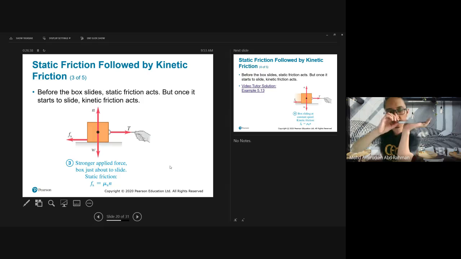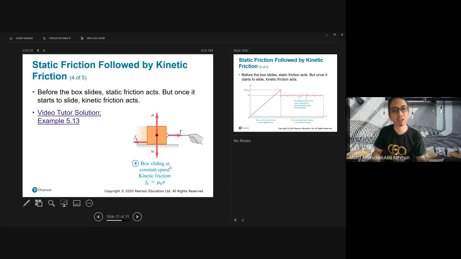Where it is about to move, then we have the static friction at the maximum, where it is mu s N. But when this calculator starts moving, then we have Fk. Fk is the kinetic friction.